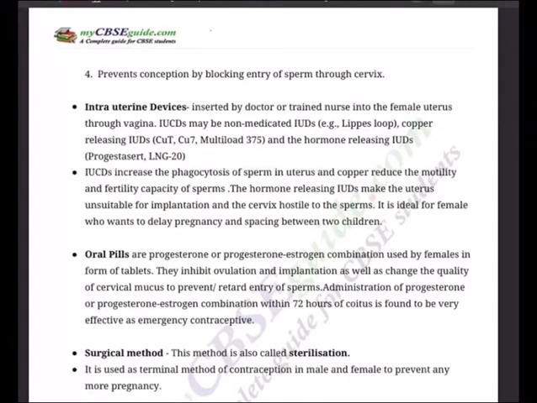And we were talking about various methods of contraception, and in that we were talking about the temporary methods, in that natural methods: safe period, coitus interruptus, lactational amenorrhea, and safe period or rhythm period.